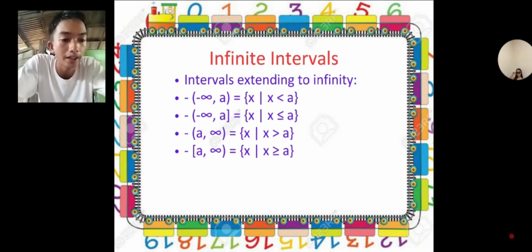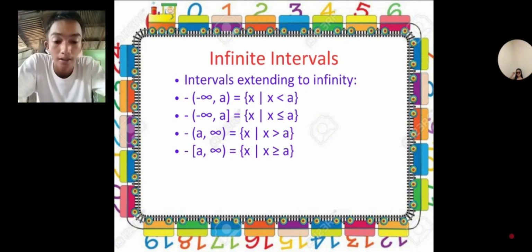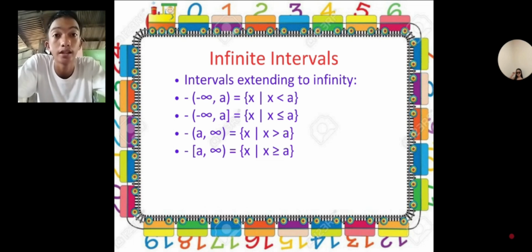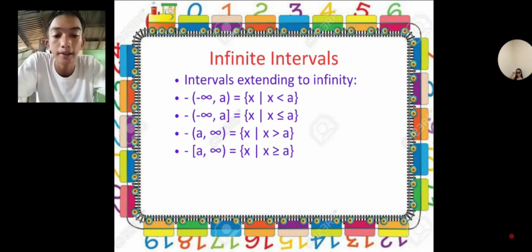Positive infinity is always an open endpoint. Number 4: a to infinity, closed at a, represents all real numbers greater than or equal to a. That is all for infinite intervals.